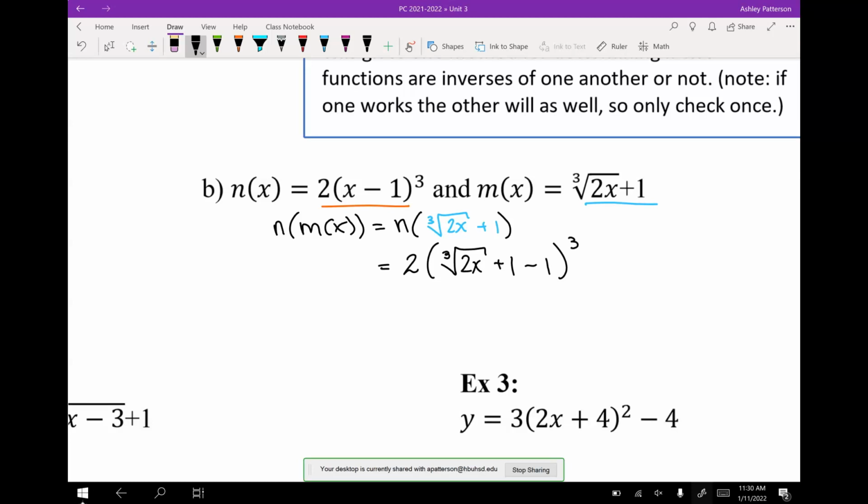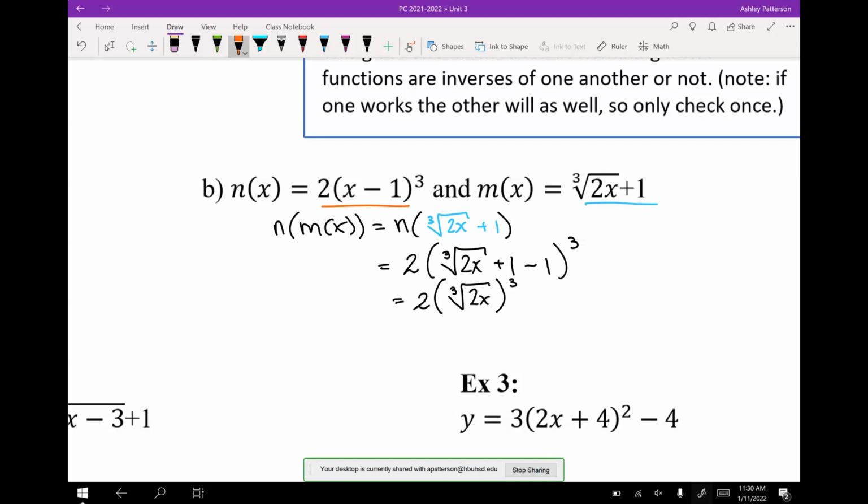So what happens to our 1's? They cancel out, right? Okay. So then we get 2 times the cube root of 2x cubed. Ooh, what's going to happen there? They cancel out because they're inverse operations. Nice work.